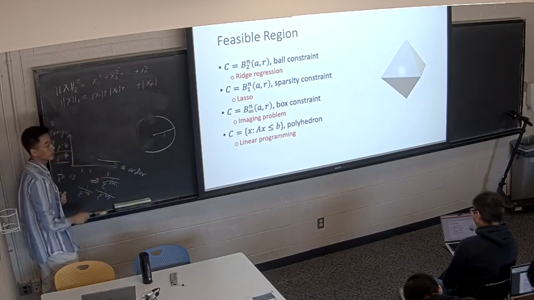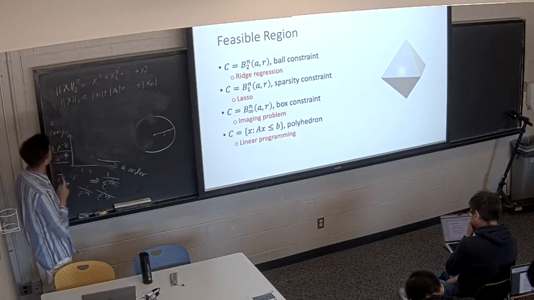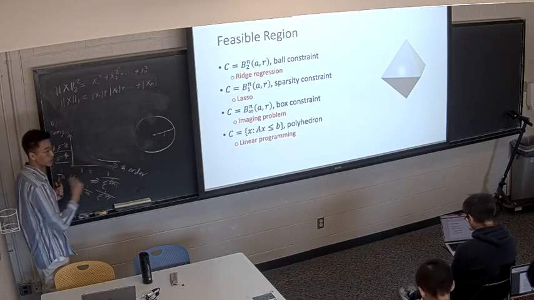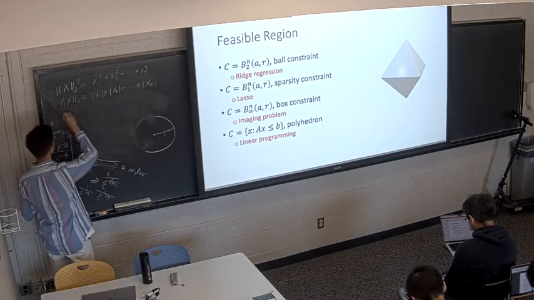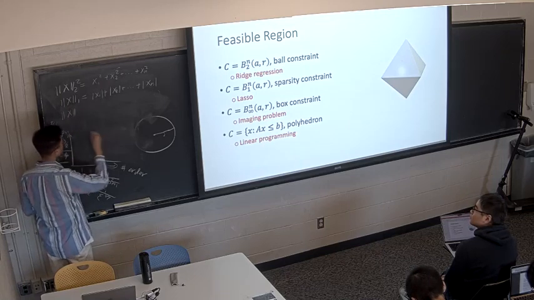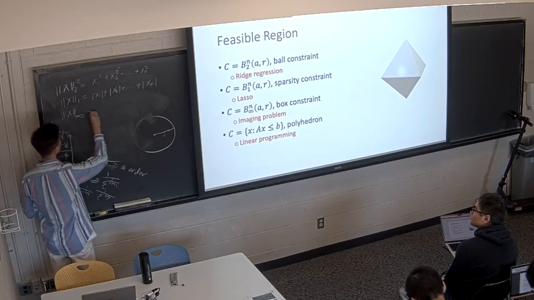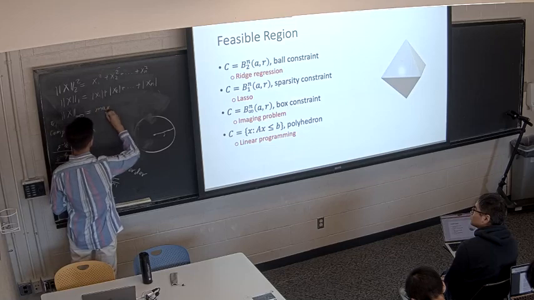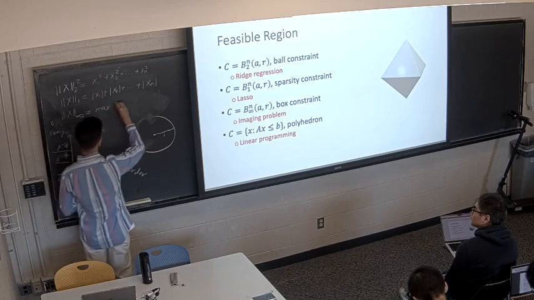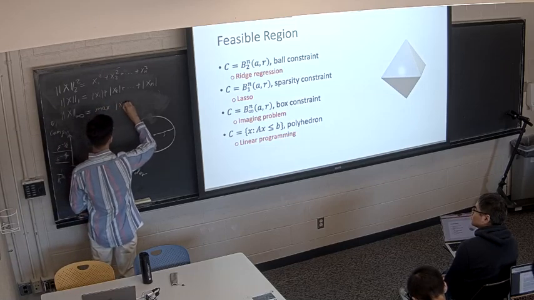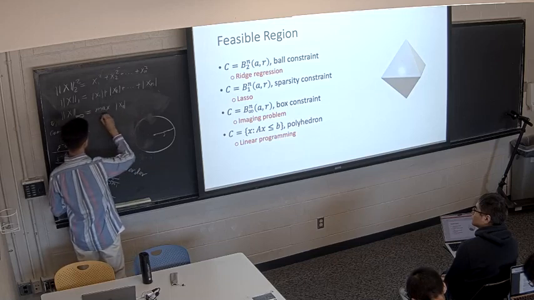This is the L1 norm. Basically, you sum up all the absolute values of each coordinate. And here's another one we are going to talk about, the infinity norm. This is the maximum over all xi's.